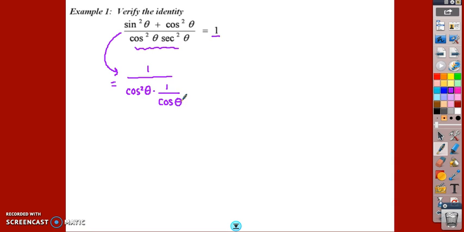So this temporarily looks kind of horrible, but if you see where I'm going with this, on the bottom of this fraction, do you see how the cosine squareds will cancel out? So then I just wind up with 1 on the top and 1 on the bottom, and that does equal 1, so I verified that that's a true identity. That's the basic idea.